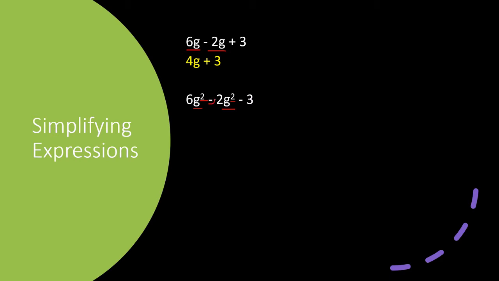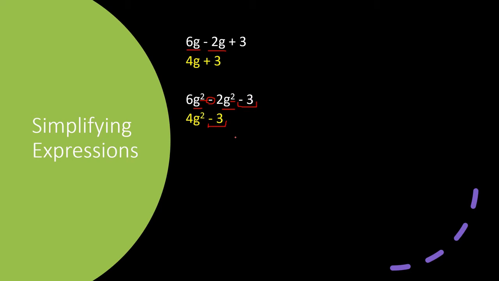Well, because my symbol right here is telling me to do so. 6g squared minus 2g squared is going to be equal to 4g squared minus 3. Notice that I'm going to move down this 3 exactly the way it looks, with the same symbol.